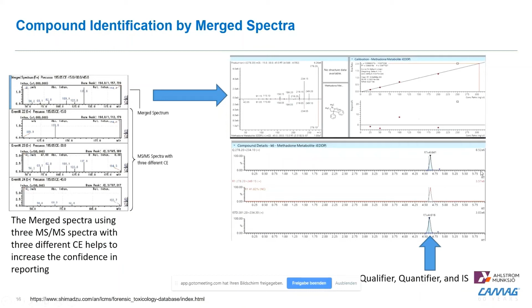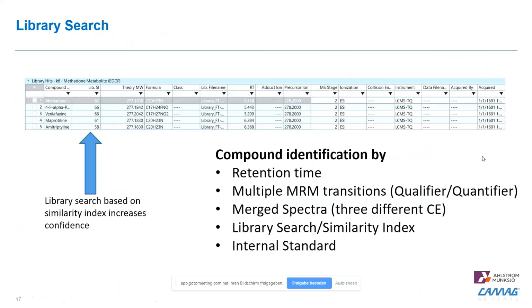Furthermore, dependent on how you set up your method, you have qualifier, quantifier, and internal standard, which confirm that you are really investigating the right compound. Furthermore, there is already a retention time pre-saved within the method package.